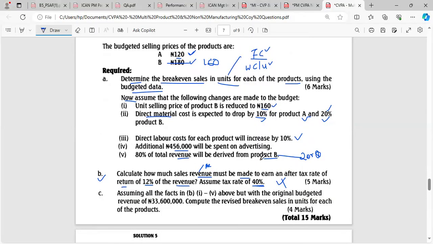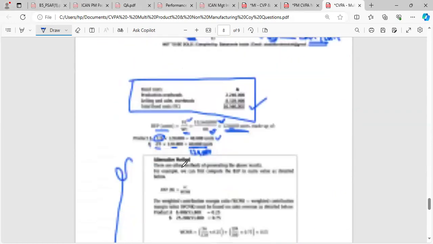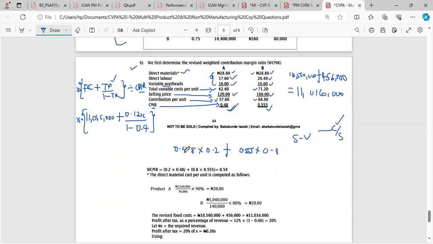So 80% for product B, 20% for product A. That's the next step: 0.48 is our CMR, multiplied by 20%, and 0.555 multiplied by 80%. If you do this mathematics, we must get 0.54, which is what I got. So it is that 0.54 that we are putting here as the divisor. Are we together?